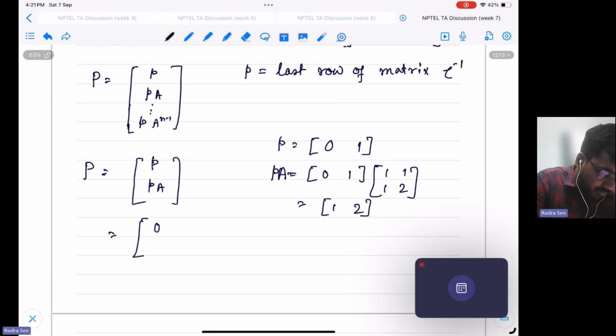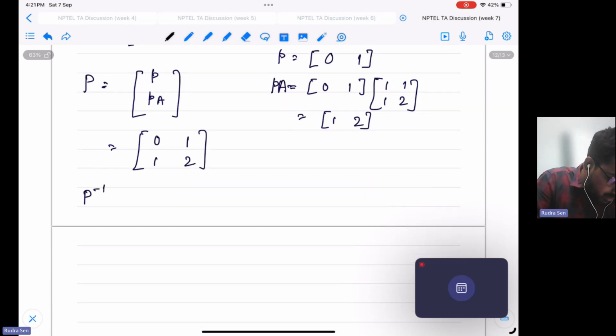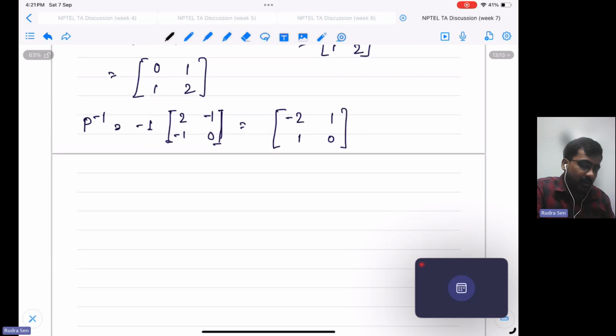So the P matrix is [0 1; 1 2]. Again, I have to find the inverse of this matrix. The determinant of this P matrix is -1, and its adjoint is [2 -1; -1 0]. So the P inverse is [-2 1; 1 0]. This is the transformation matrix that we get.